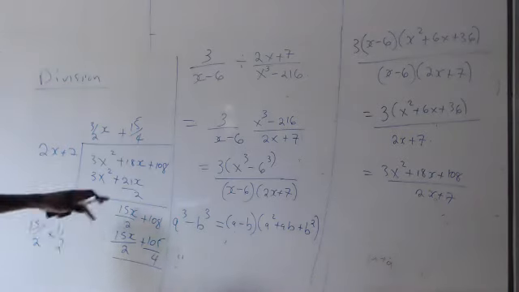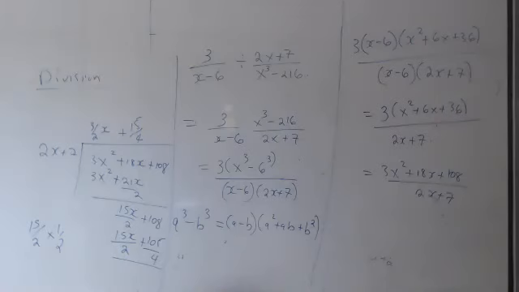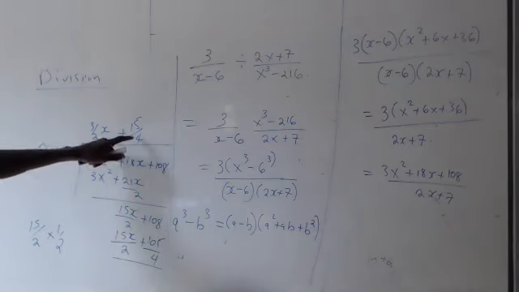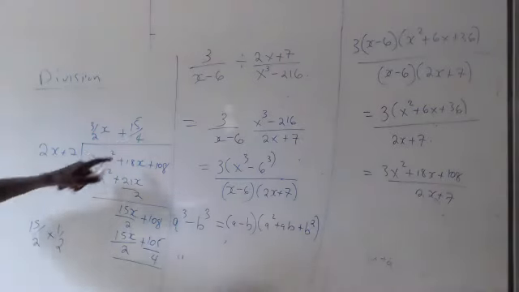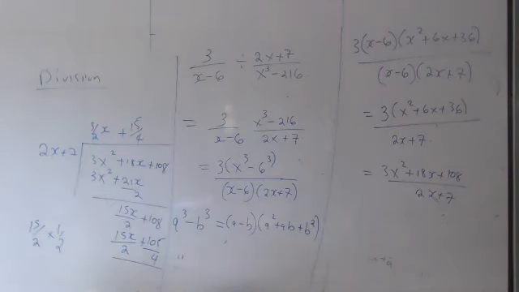I have a question. When you subtract this, why are you not doing it for 7? Which 7? 2x plus 7. I did it for 7. So how can you divide 7 and 3x squared? I don't understand what you are asking.